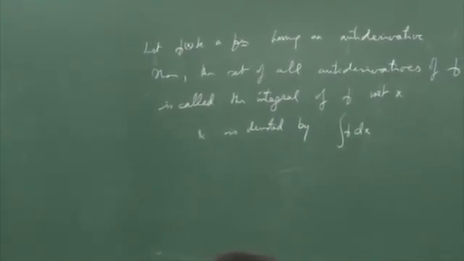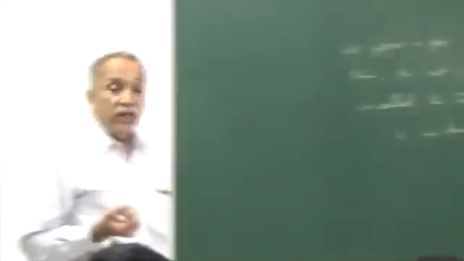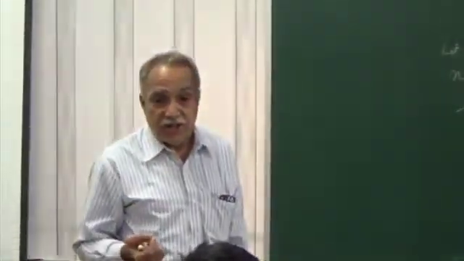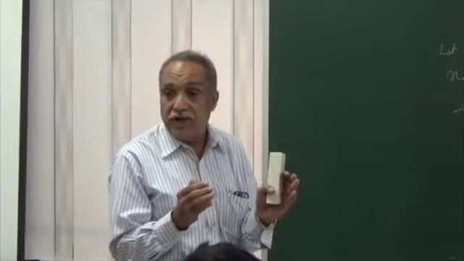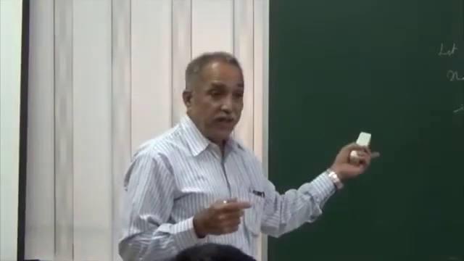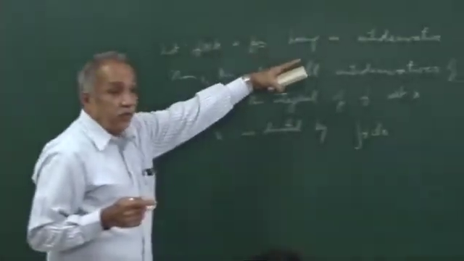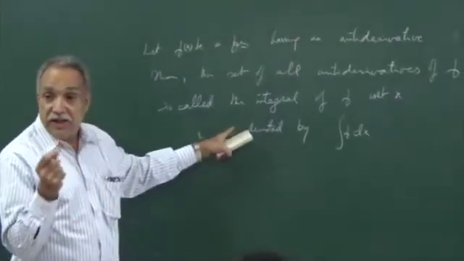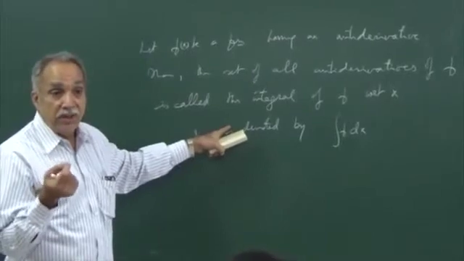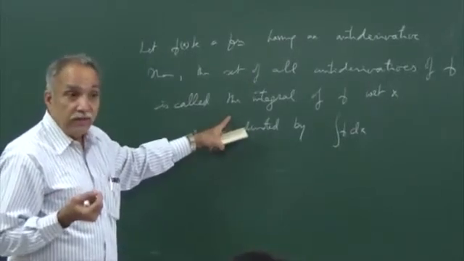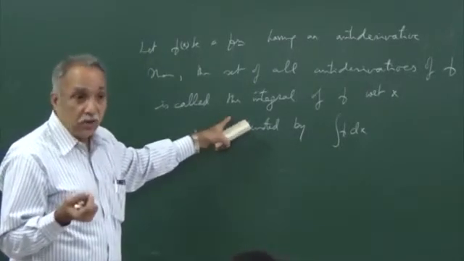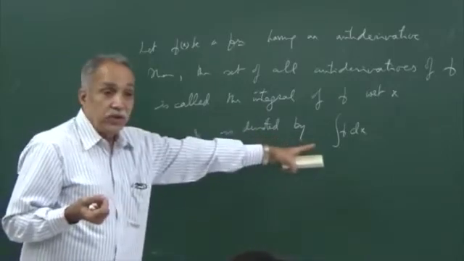So, if a function has an antiderivative, it will have infinitely many antiderivatives. The collection of antiderivatives is called the integral of f. Antiderivatives are more in number. The integral is unique, or primitive also I may call it, and is denoted by this symbol.